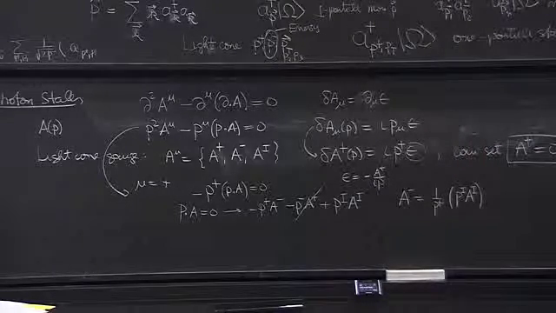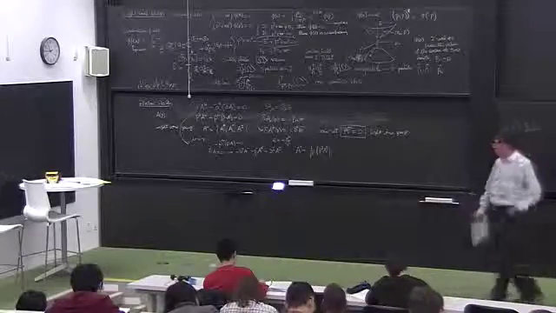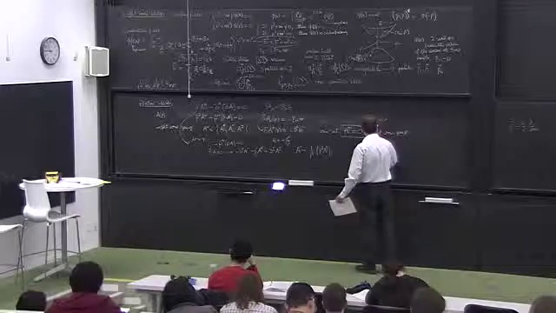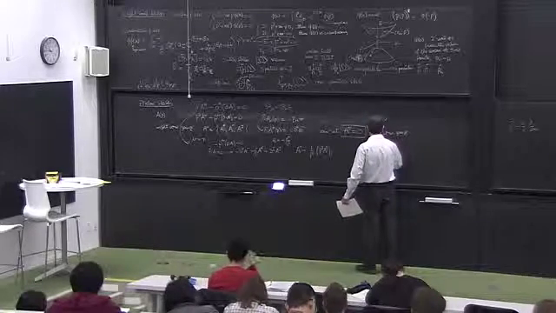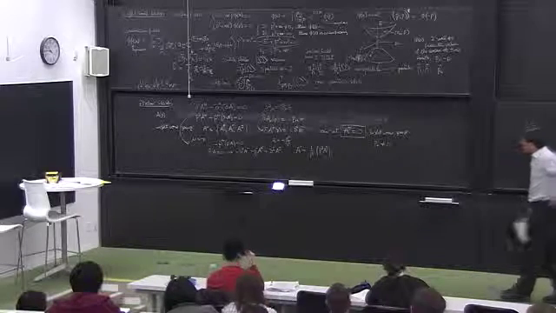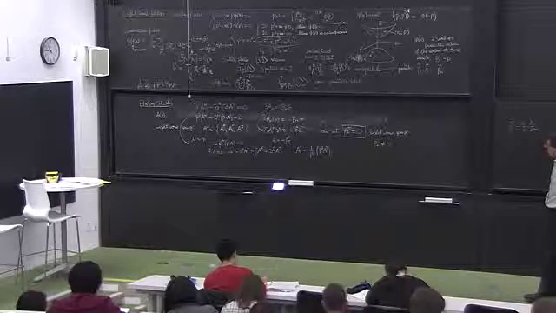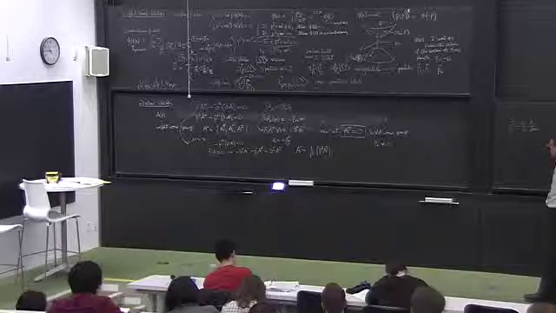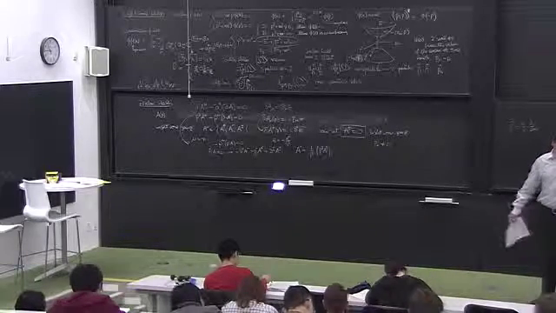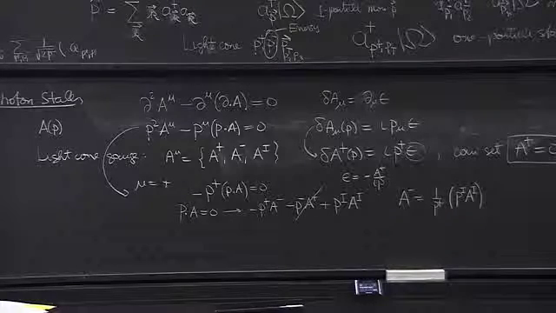Now, in light cone, you always assume that P plus is different from 0. This is an assumption. It doesn't hold in all cases and in all circumstances.